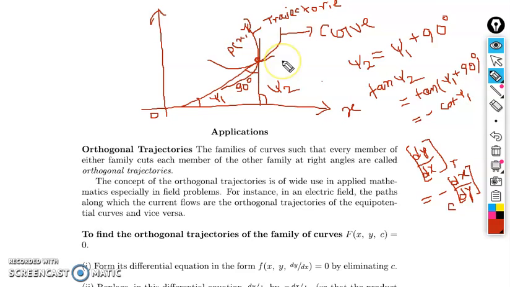So here we design a diagram. First we take a tangent of the curve, and next we make a tangent to the required trajectory.